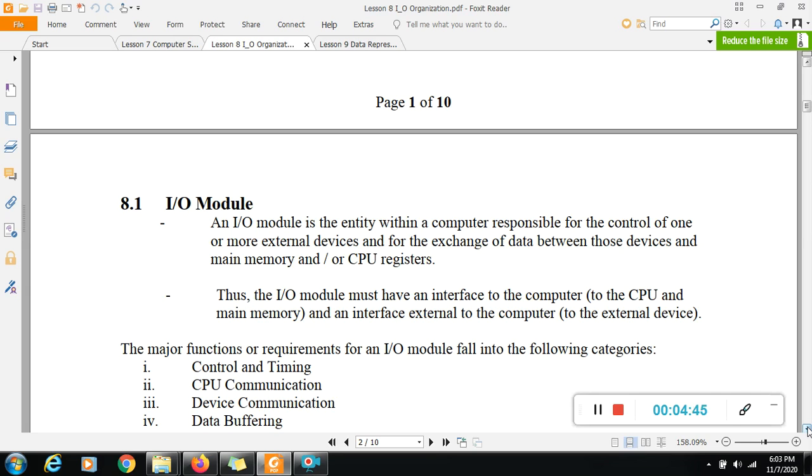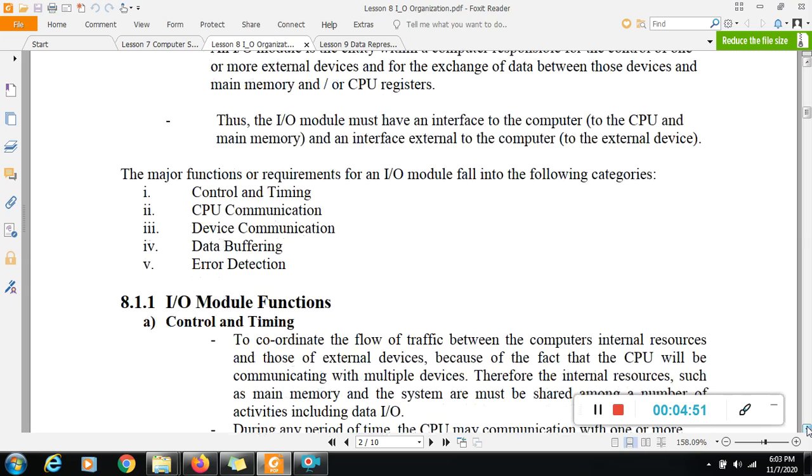The major functions or requirements for an input-output module fall into the following categories: control and timing, CPU communication. In other words, the I/O module can do control and timing, can communicate with the CPU, can communicate with the device. It sits in between, is an interface. It can do data buffering.